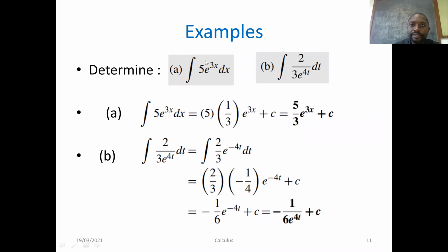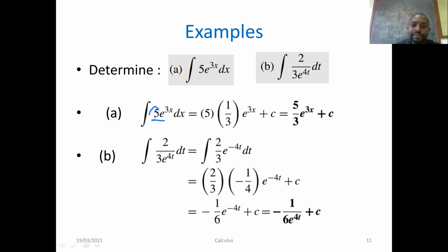Next, let's try an example involving exponential functions. If you are given an exponential function 5e to the power 3x dx, and we are asked to integrate this.